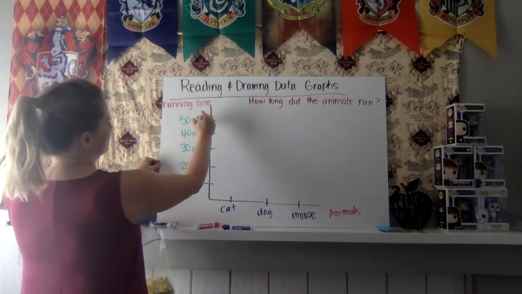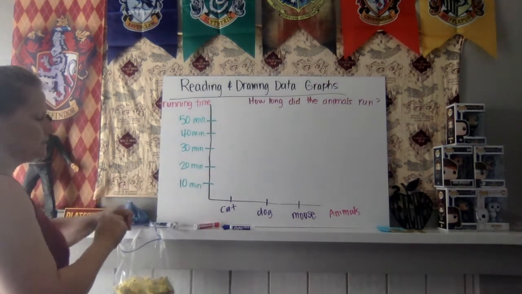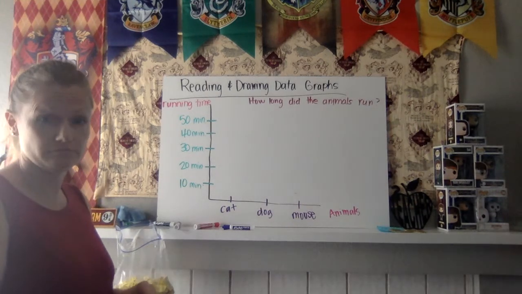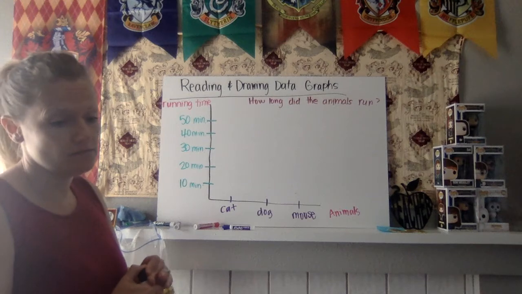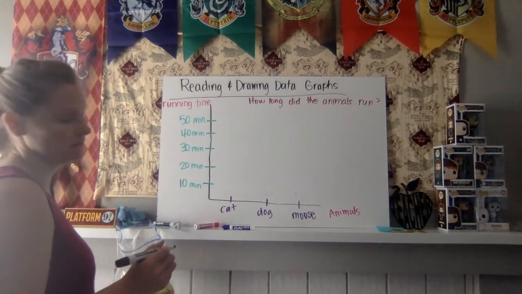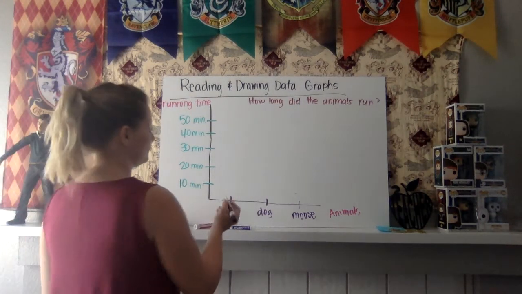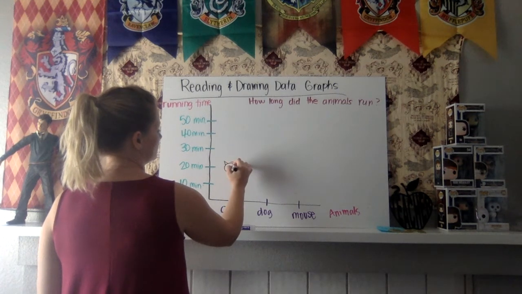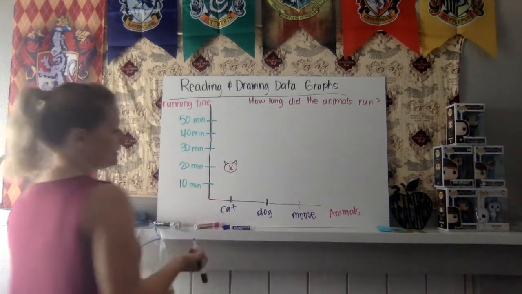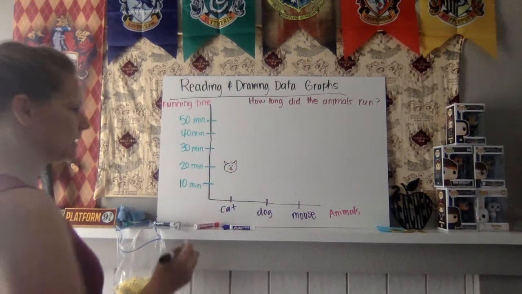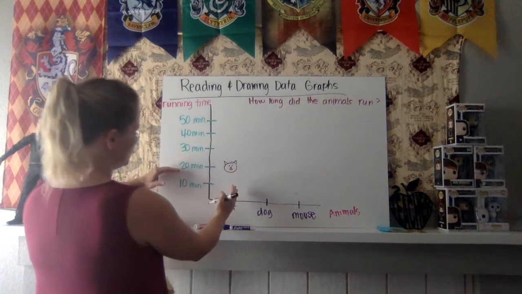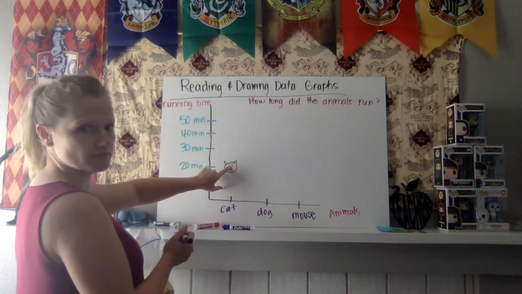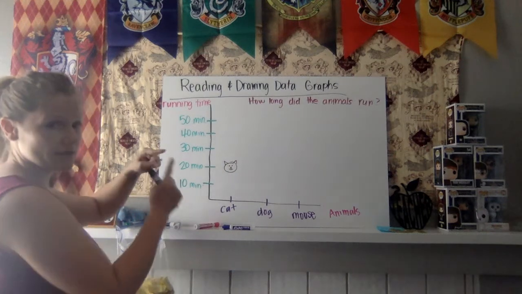50 minutes. Okay? So, let's say, for our example, our cat ran for 20 minutes. Okay? I just put a little cat head there because we're talking about the cat. So we put a mark right there where those 2 points intersect, where they come together.